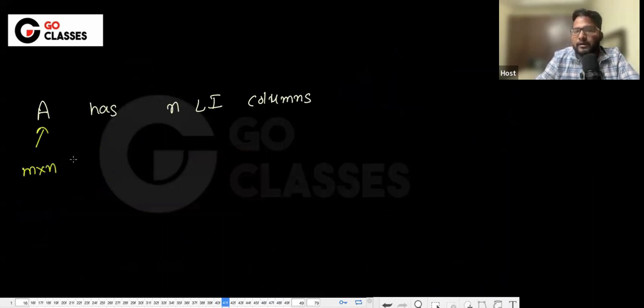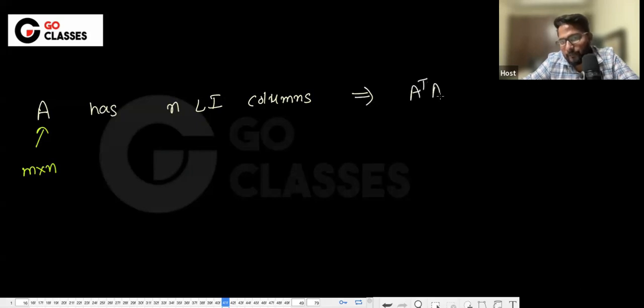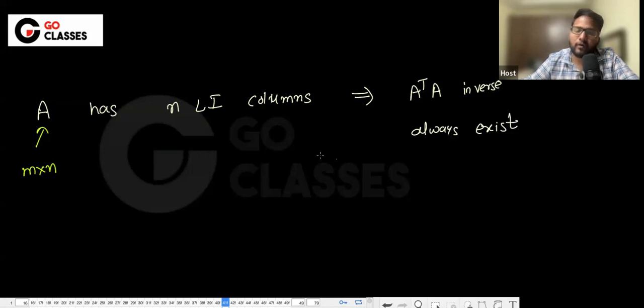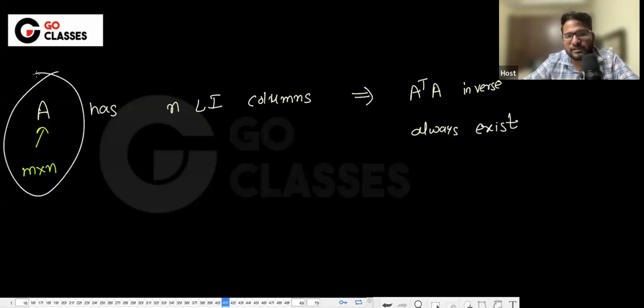If it is m by n and it is having linearly independent columns, in that case, A transpose A inverse always exists. If it is containing the basis, then A transpose A inverse always exists.